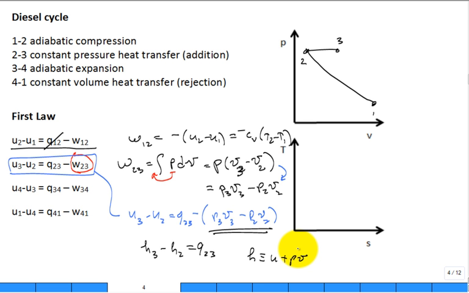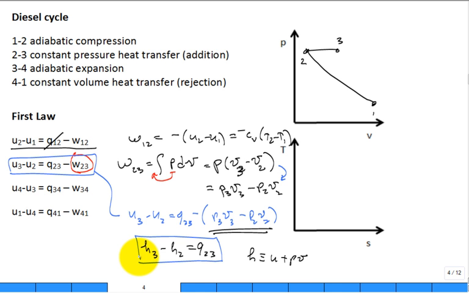Okay. So this also looks very funny to students when they see this. They'll say, I understand the Otto cycle, but when I get to the diesel cycle, some of these have enthalpy, some internal energy. I get confused.